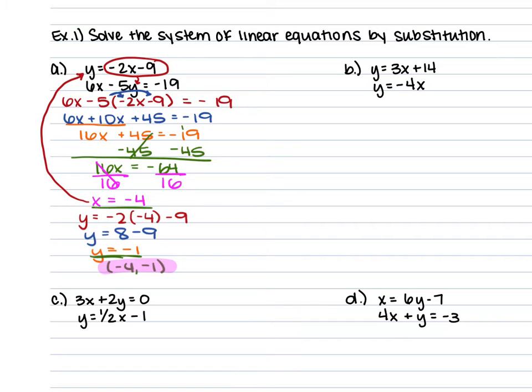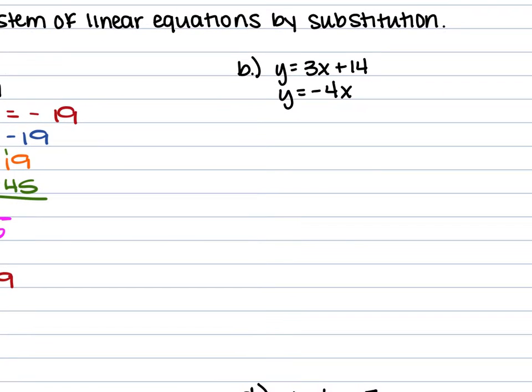So you can literally set the two expressions, that 3x plus 14 and that negative 4x, equal to one another to solve for x. So we're going to do negative 4x is equal to 3x plus 14. I'm going to move that 3x over to be with that 4x by subtracting it from each side.